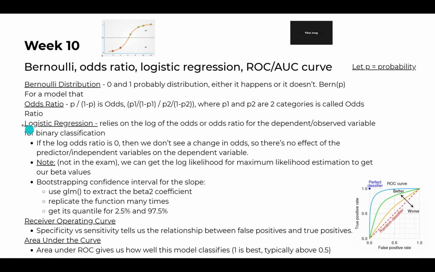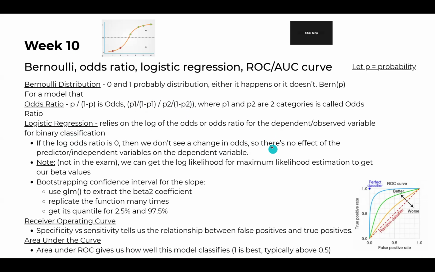And using this, we get into logistic regression, where we use the log of the odds or log of the odds ratio for our dependent variables so that we can classify them as, is it happening or is it not happening? Is it 0 or is it 1? And a key note here is that if you see log odds ratio being 0, then we don't see a change in odds.